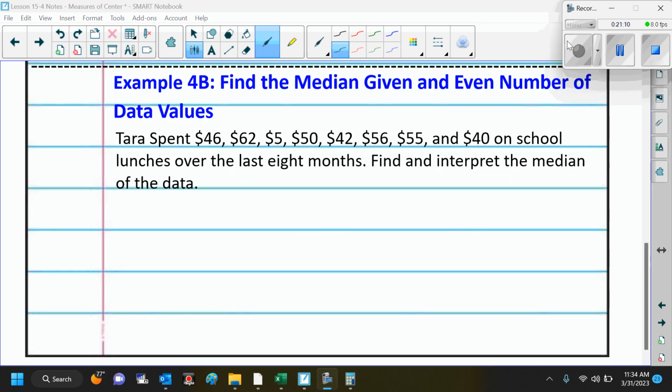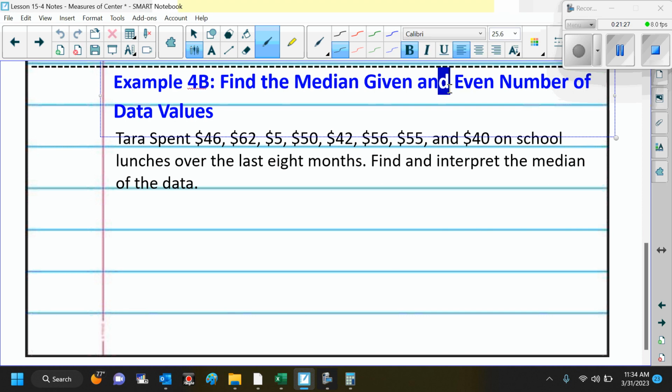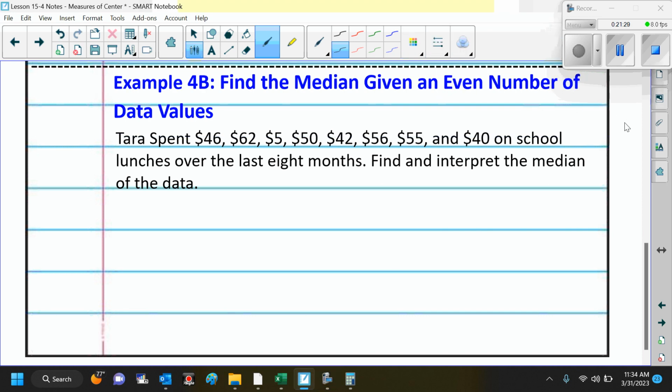For example 4B, I want you to press pause and do this example on your own and then play to see the solution. Example 4B says find the median given an even number of data values. Tara spent this much money on school lunches over the last 8 months. Find and interpret the median of the data.